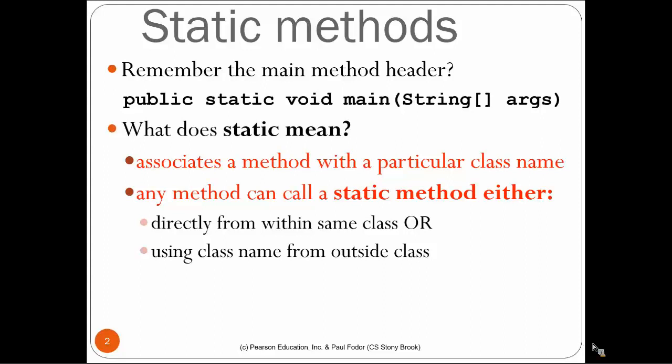So it makes this method not a method that is called for individual objects that we will have in the future, that we instantiate out of this class. We can call this method directly, either with the class name or within the current class. So for instance, the main method is a static method.